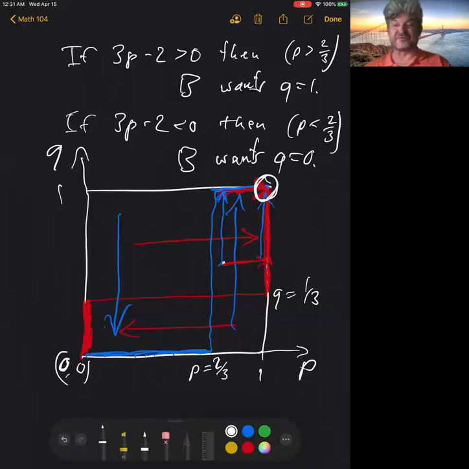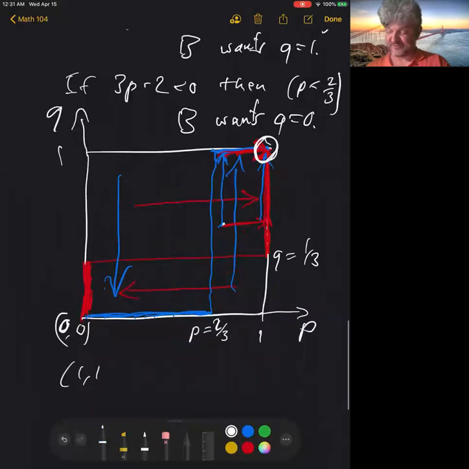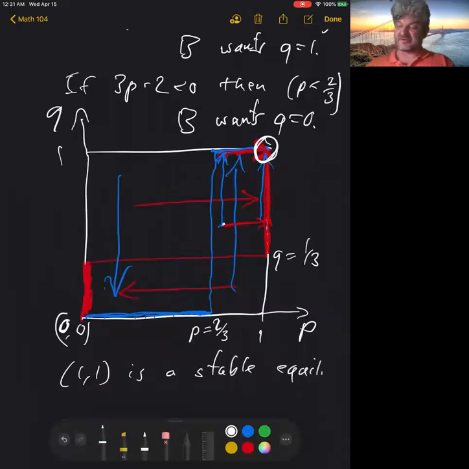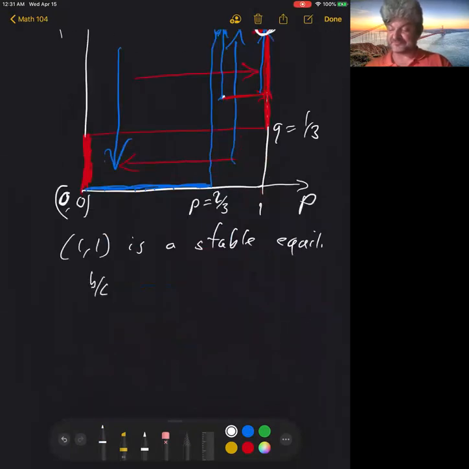You've got arrows, blue and red, both pointing towards it. The point 1, 1 is a stable equilibrium because arrows, blue and red, point towards it. The arrows in the neighborhood.